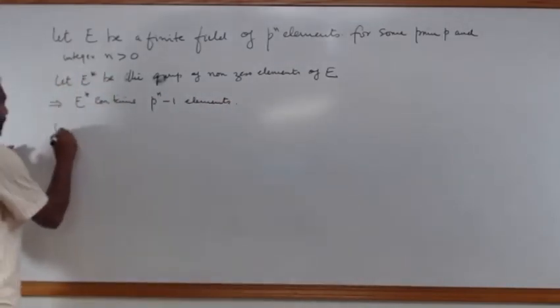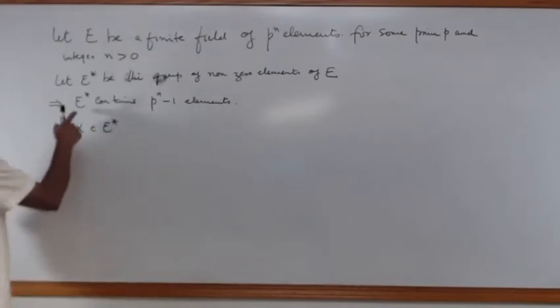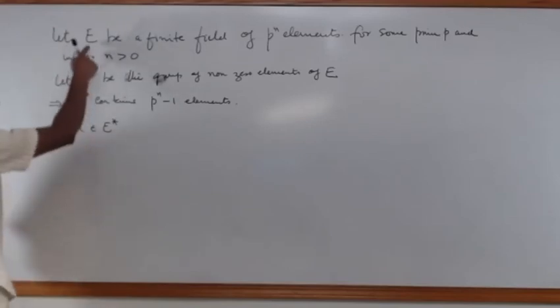So let alpha belong to E star. It doesn't have 0, otherwise it is the same as E. All elements from E other than 0.